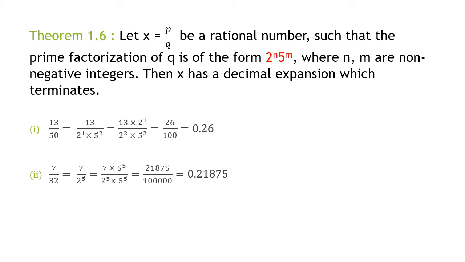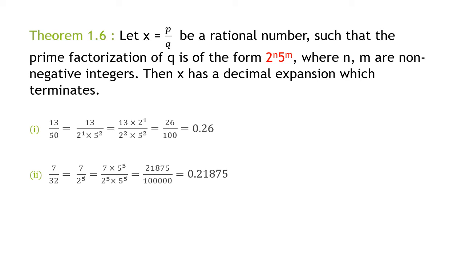If x equal to p by q is a rational number and q is in the form of 2 and 5 only, then the decimal expansion terminates. Can you understand the words? There it was decimal expansion terminates, then q will be in the power of 2 and 5. Here it is q is in the power of 2 and 5, so decimal expansion terminates.